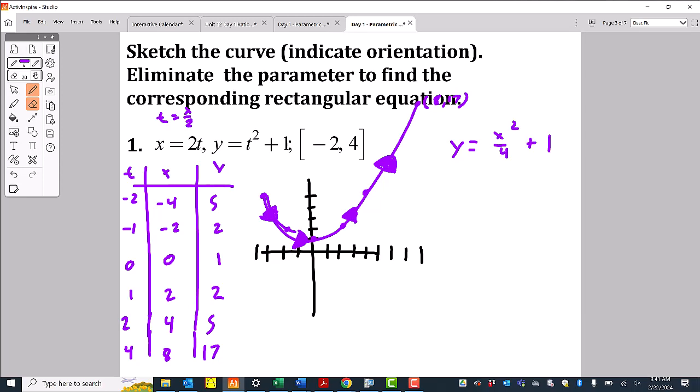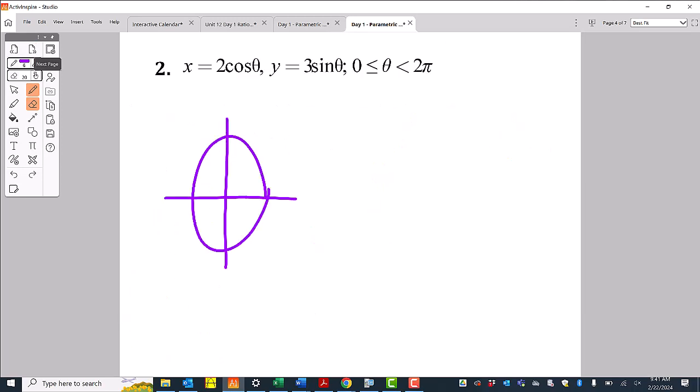Nothing crazy. But for this problem, isolating the parameter is a little weird, because you can't just use arc sine or arc cosine to solve for theta and then plug it in. We know that that wouldn't really work for us because our equation of an ellipse does not look like that. Instead, we have to use the property that cosine squared plus sine squared is going to equal 1.